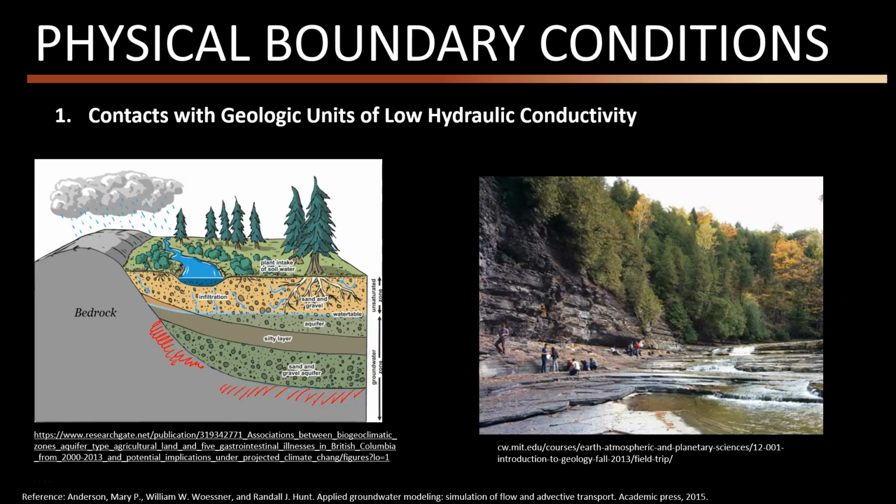This picture shows that in this river, technically the river flows on the bedrock. So these are the bedrock which are outcropped and create a no flow boundary condition in the system in that area.